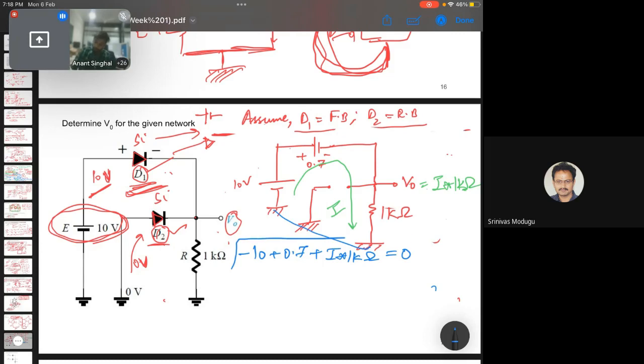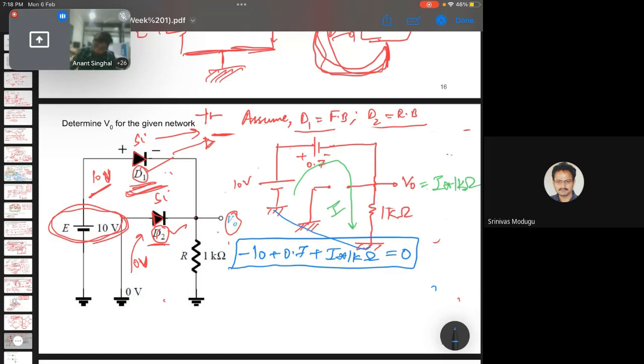Is anyone having any doubt in this equation? I hope you do know about Kirchhoff's voltage law. Okay, so you know.